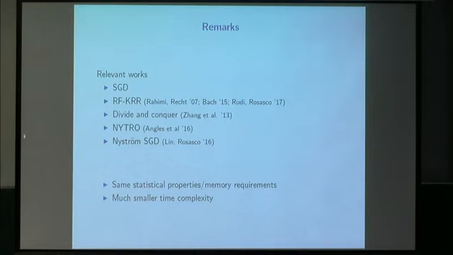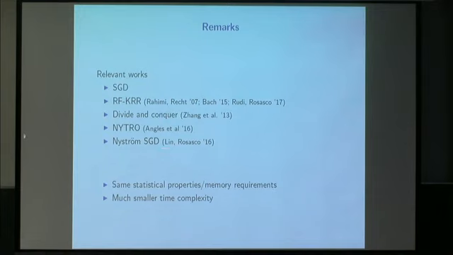Here I just wanted to recall some relevant works on this topic. One is the random features with kernel ridge regression that Lorenzo analyzed last time. There are other algorithms like divide and conquer, Nytro, or why not solving Nystrom with SGD.